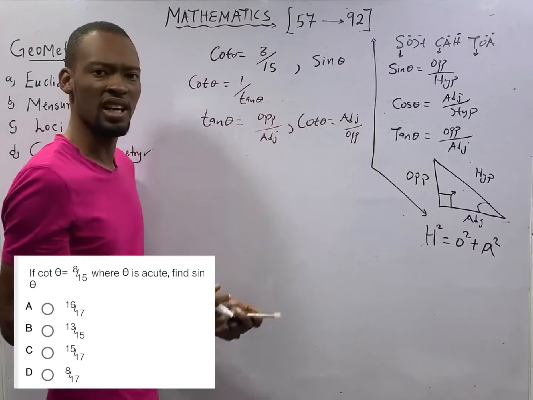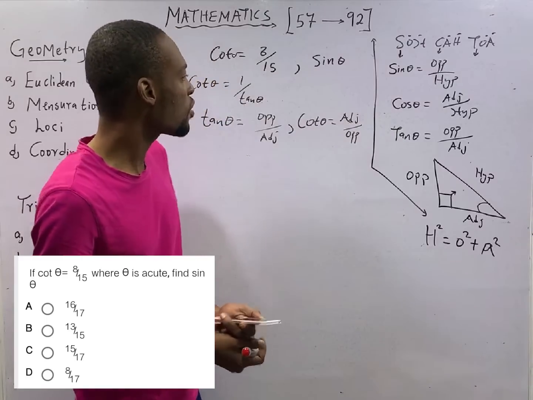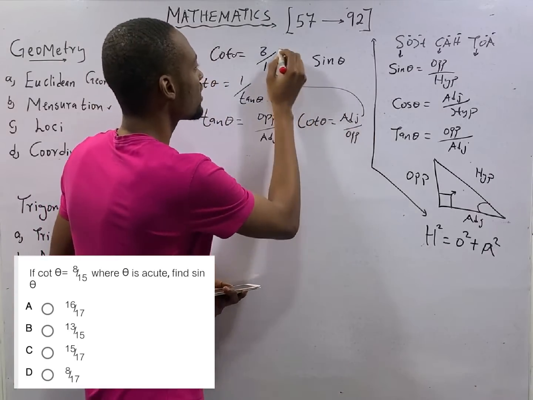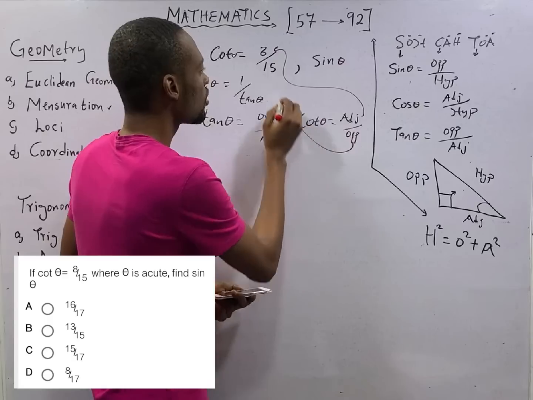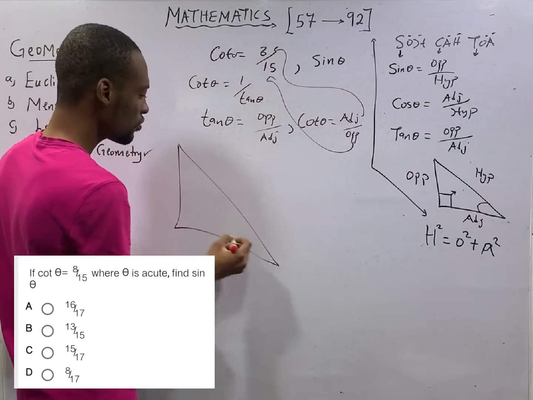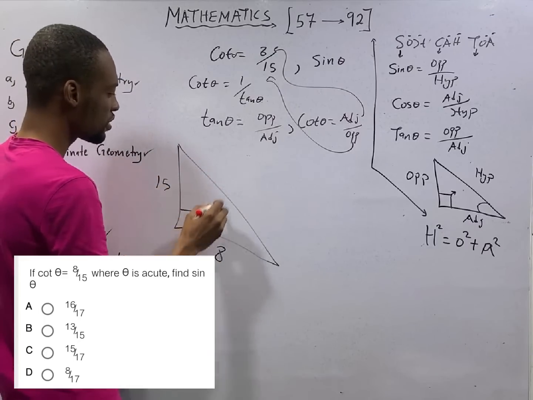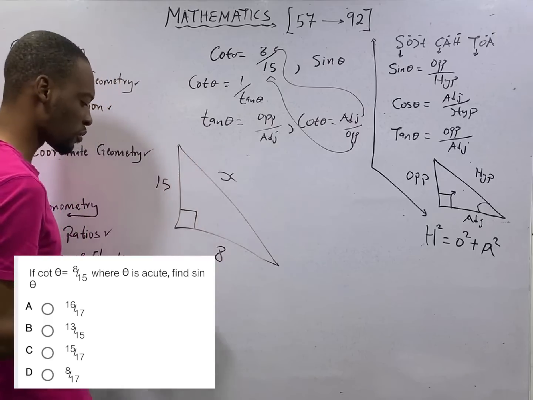So that is cot theta, adjacent over opposite. So it means adjacent is 8, opposite is 15. Hypotenuse is unknown.